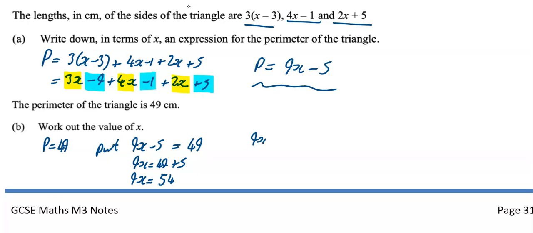So 9x equals 54, which means x is going to be 54 divided by 9. So x is equal to 6, and we'll give it units, it's going to be centimeters.